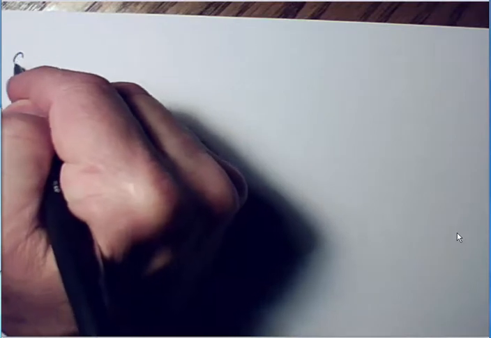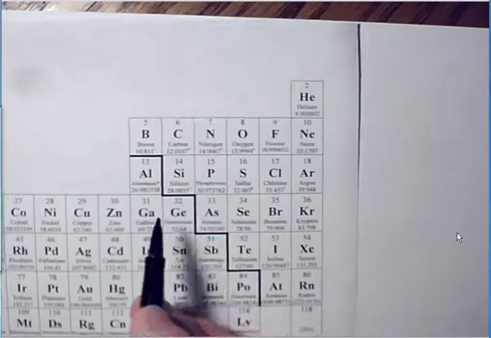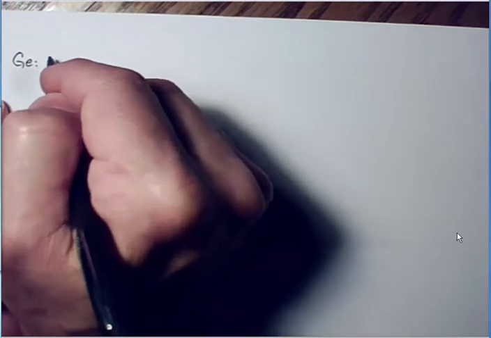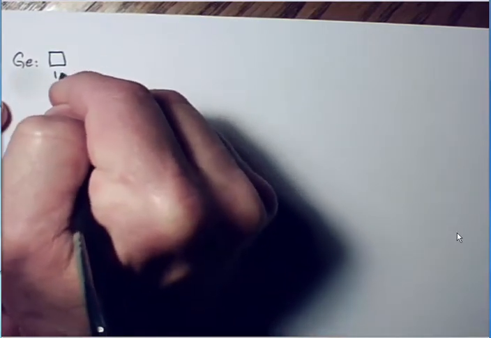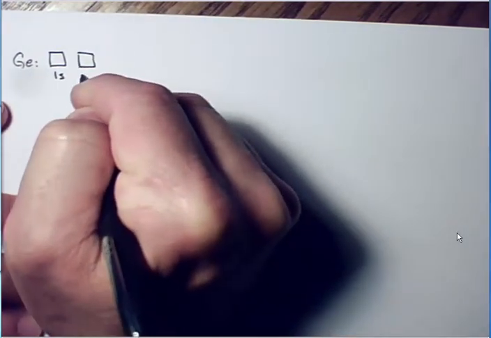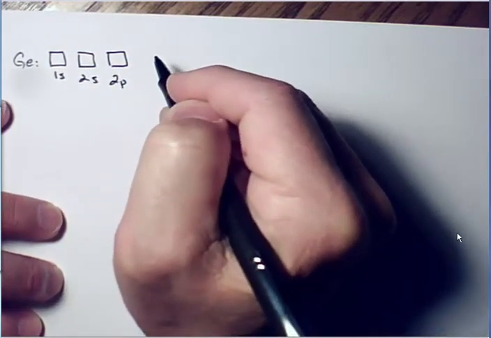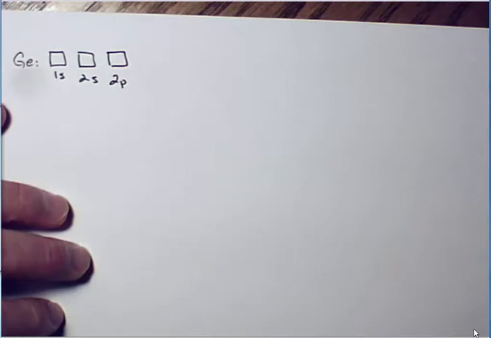All right, so germanium, GE. Here's germanium. Okay. And so we're going to have 1s, 2s, 2p. Do I need to give you guys a minute to finish grading that first one? Y'all got it all taken care of?